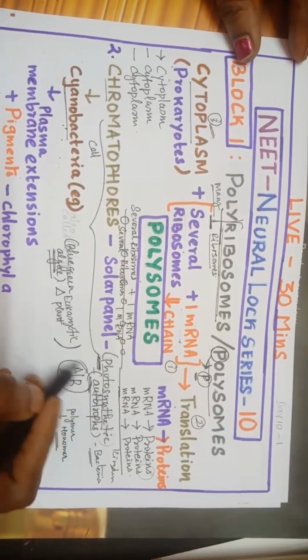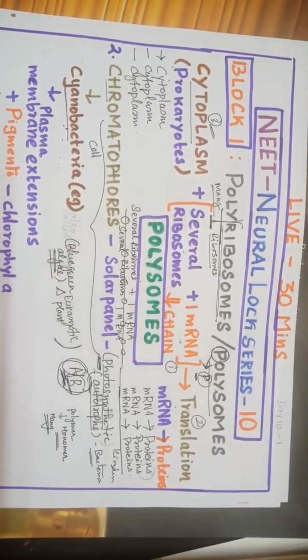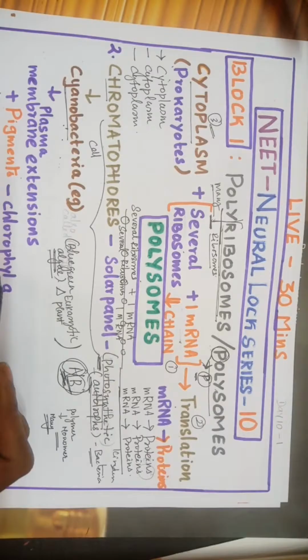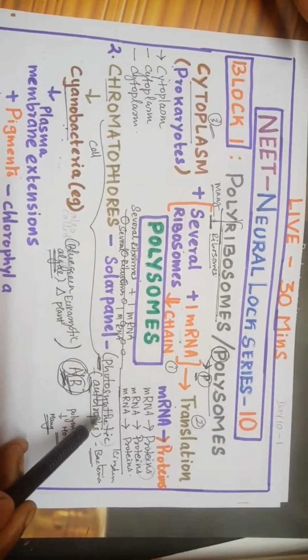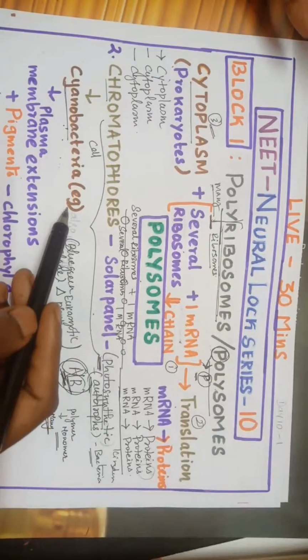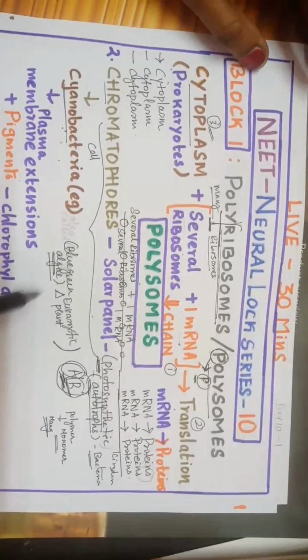Reason: because they contain chromatophores. Is it true or not? It is true, because chromatophores contain chlorophyll A, which acts as the solar panel, and that is why cyanobacteria is able to synthesize its own food. Very important, note this down.